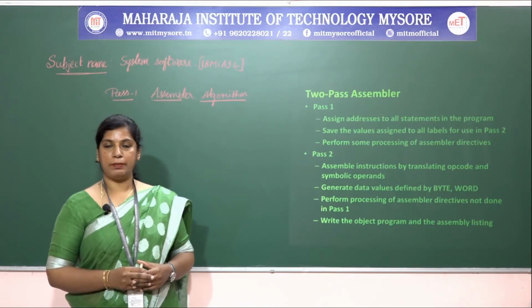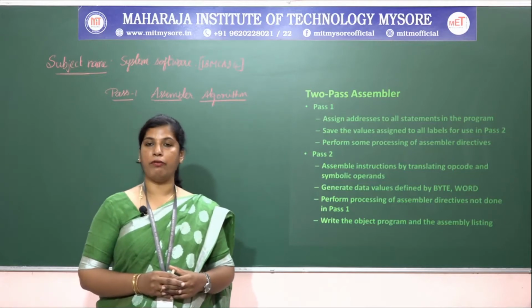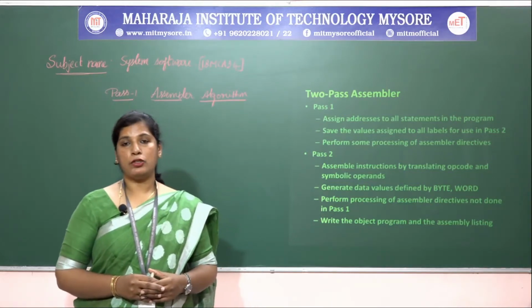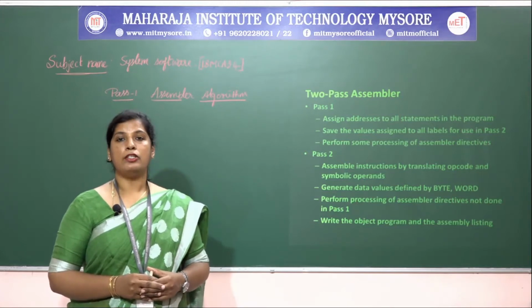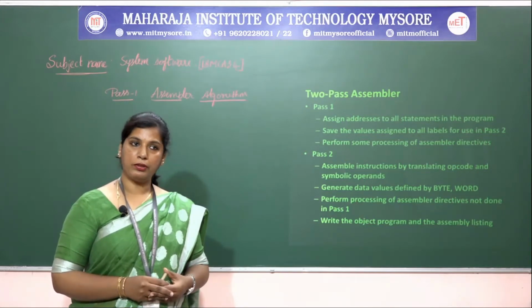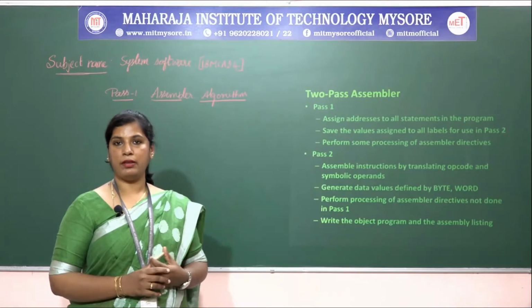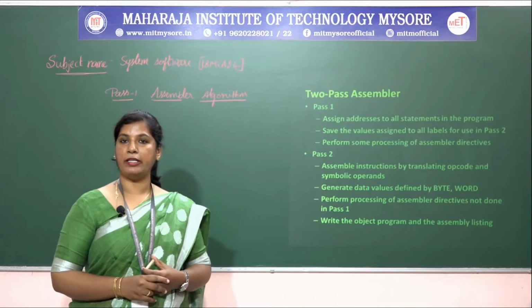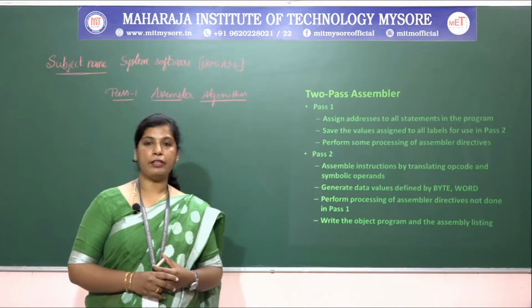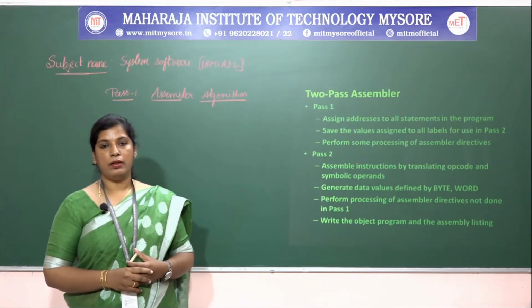This is due to forward references. When we write a program in assembly language, the instructions are written first, and only after that do we define the memory variables used in that program, isn't it?